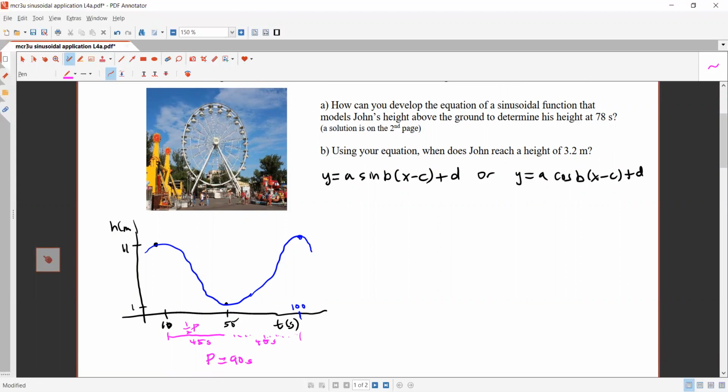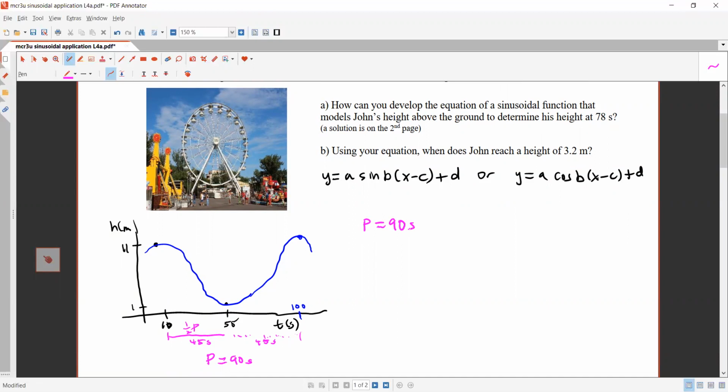So already, ladies and gentlemen, from our information, we know that the period is going to be 90 seconds for John to reach the next maximum. We could keep on doing it, but that's all we need because we have a sinusoidal function graph.